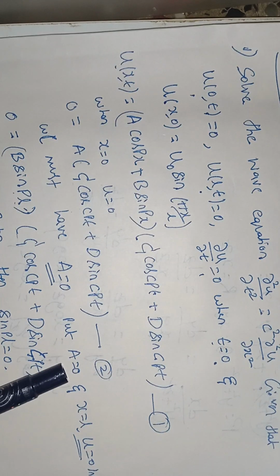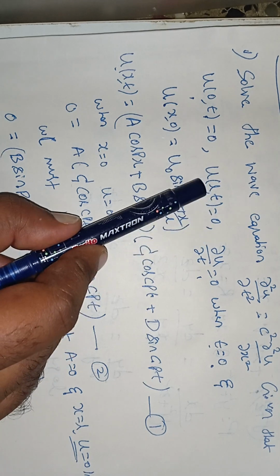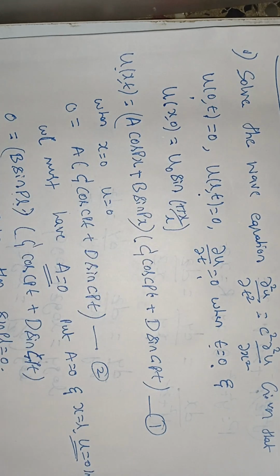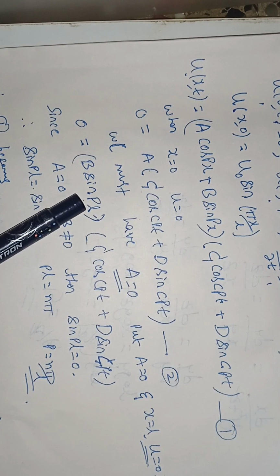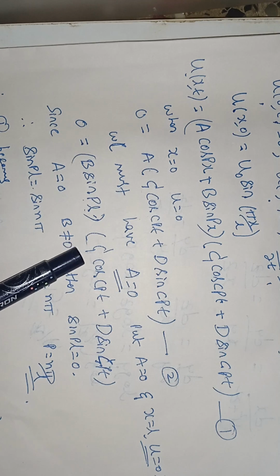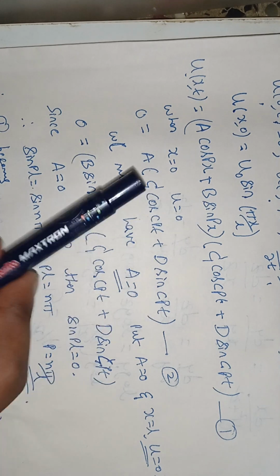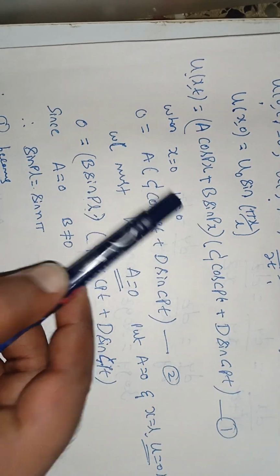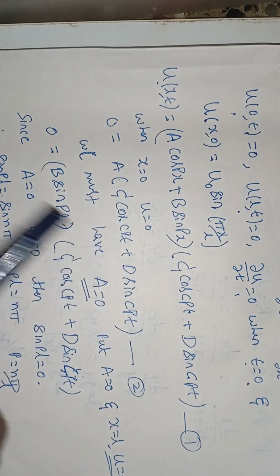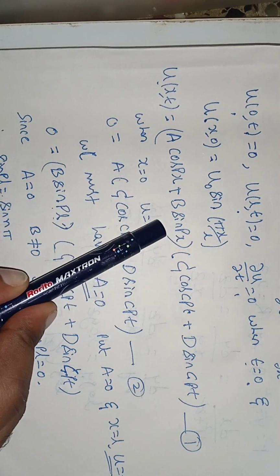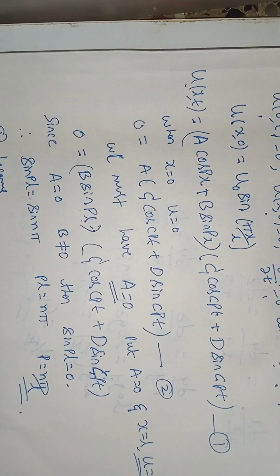So by putting A = 0, and using the second condition u(l, t) = 0, that is, when x is l, u is 0, we end up with 0 = B sin pl (C cos cpt + D sin cpt), because x is substituted here and A is 0.